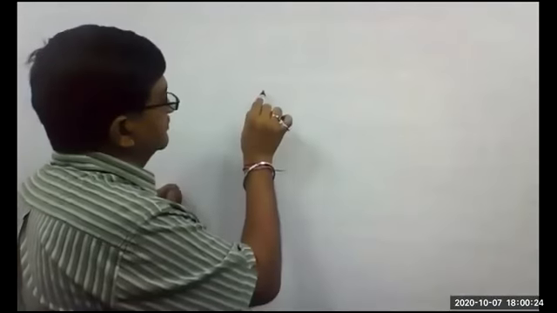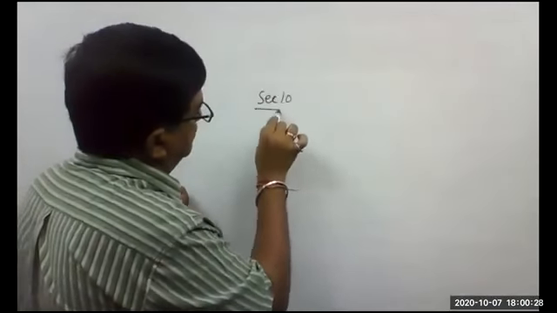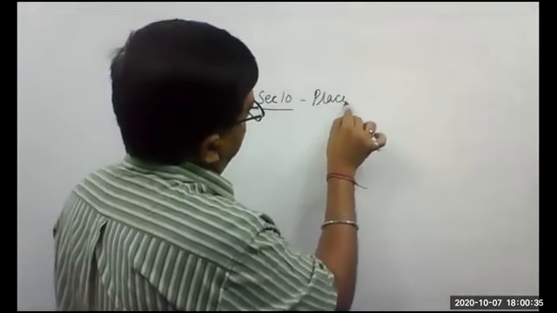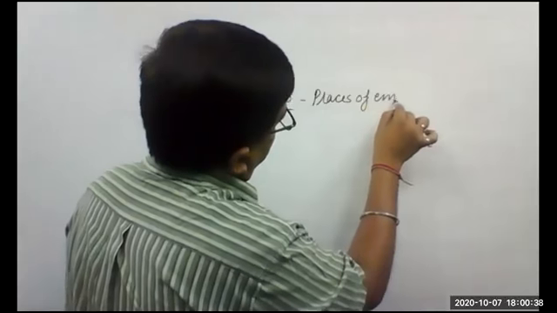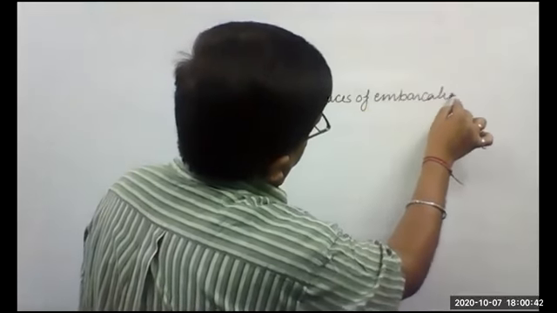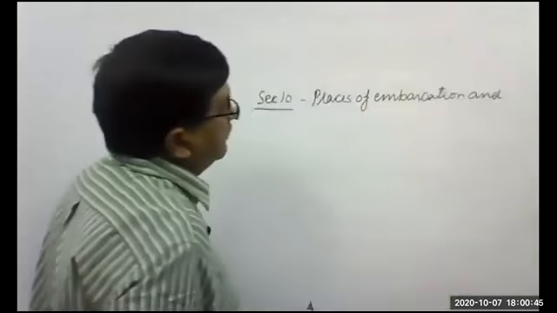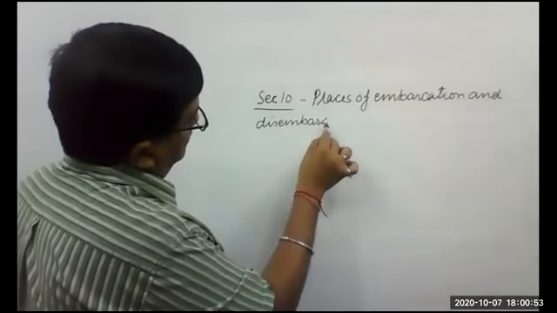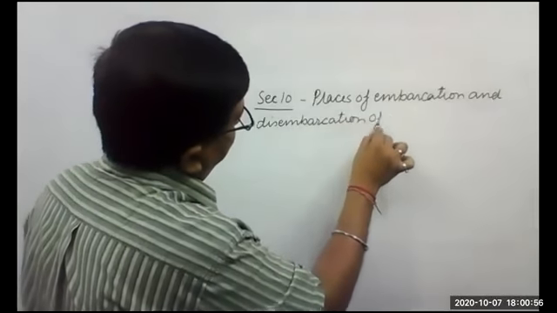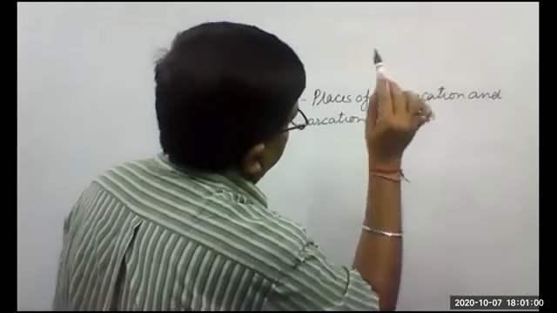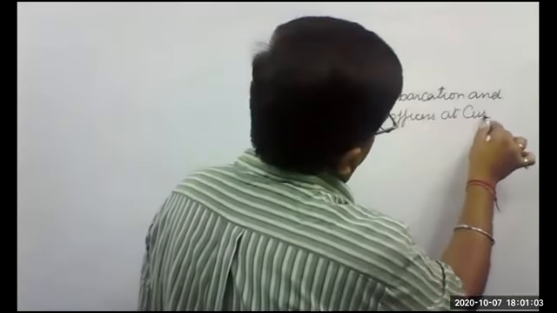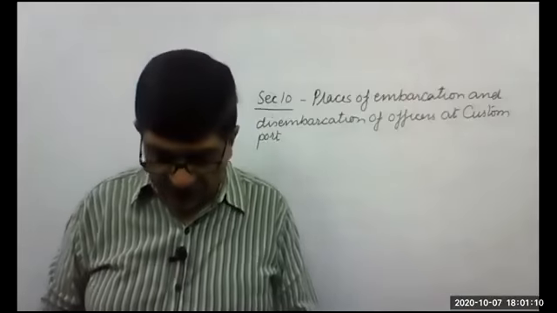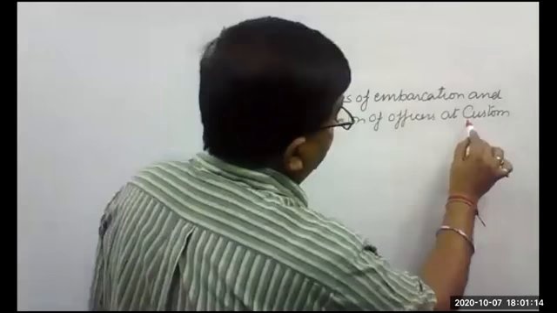Section 10: these are places of embarkation and disembarkation of officers at custom port. This section is only for the custom port, not even airport.